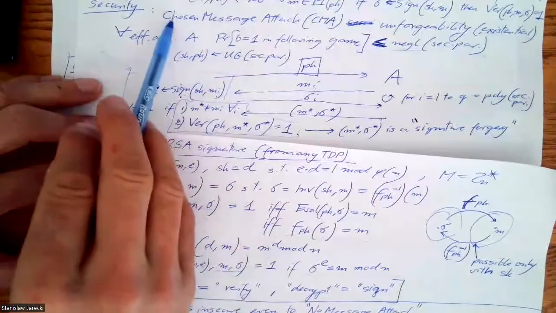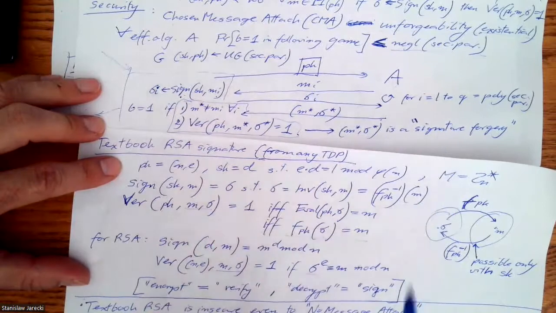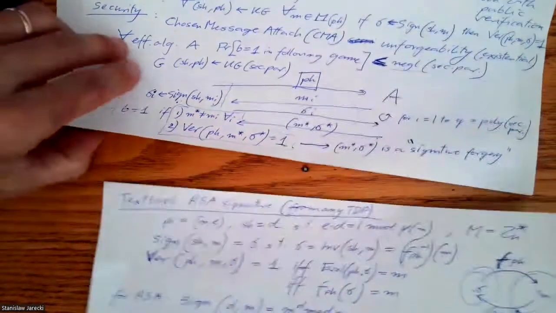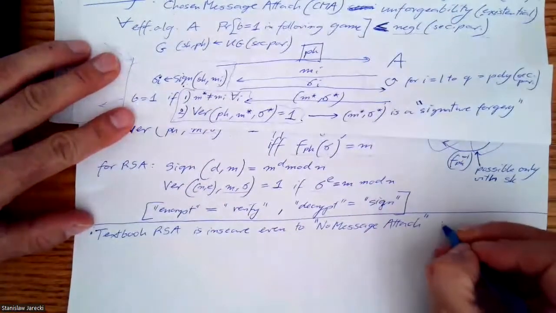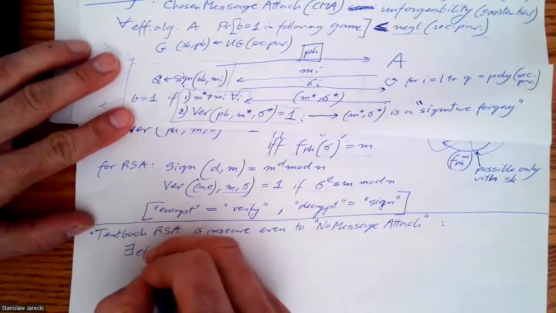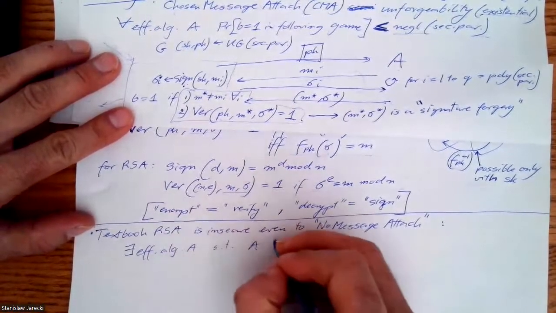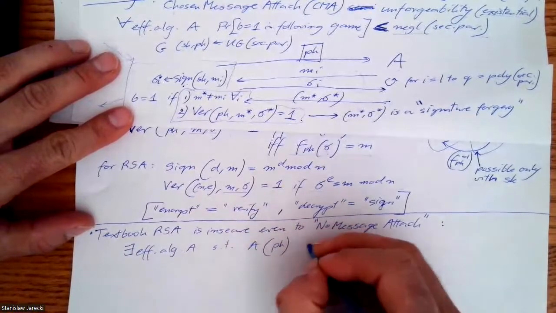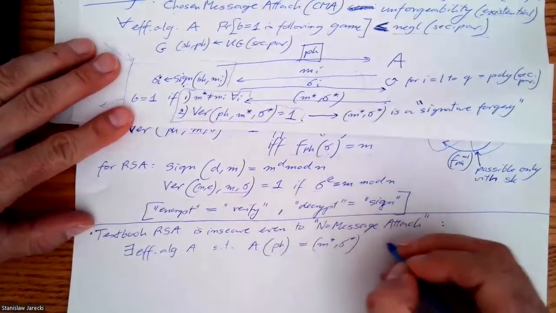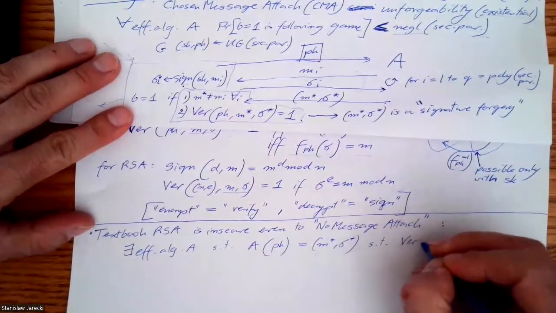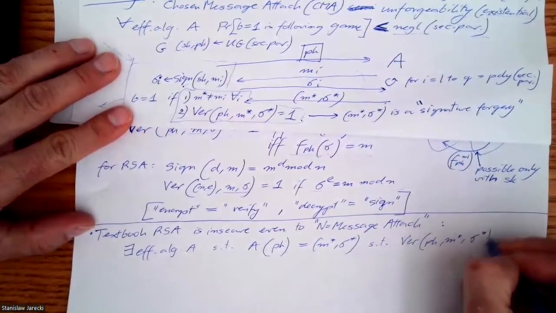I mean, what we want is security against chosen message attack, where the adversary can ask any message and get a signature on it. In fact, it's not secure. Even the adversary can skip this. So there exists an efficient algorithm A that, given the public key, outputs M star, sigma star such that verification on M star, sigma star is 1.